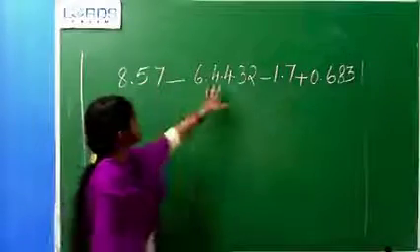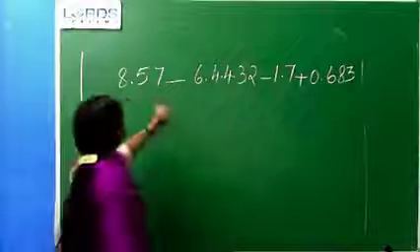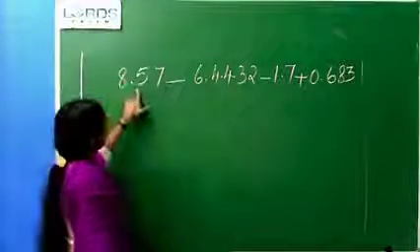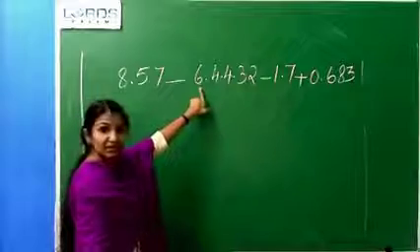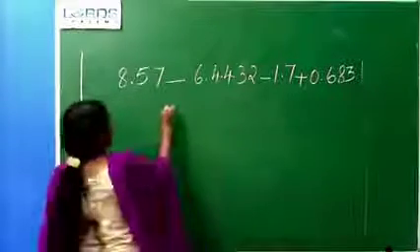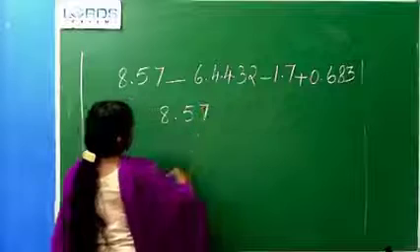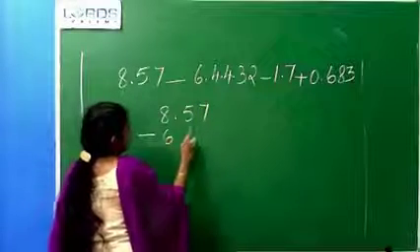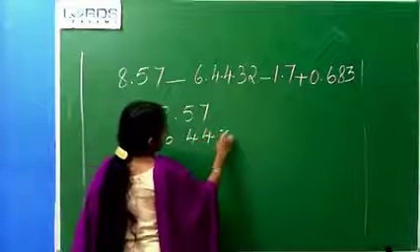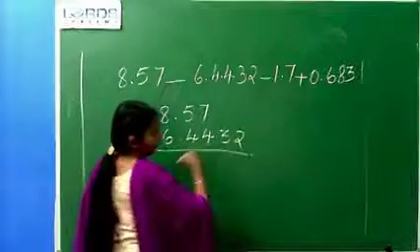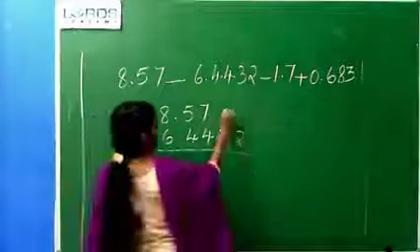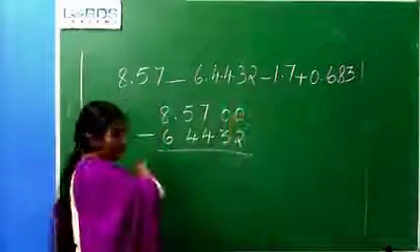So let's do first these two. It's possible, right? 8 point subtract 6 point. It's easy. So we can do like that. 8.57 minus 6.4432. We already told in subtraction case we should add zeros. We added.